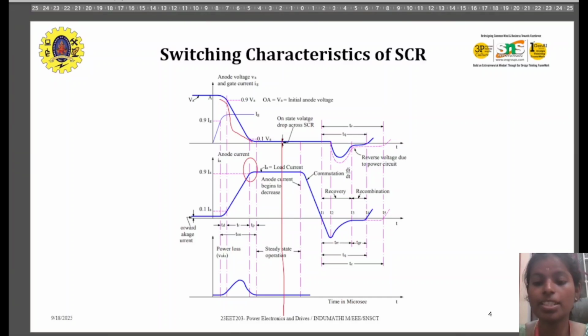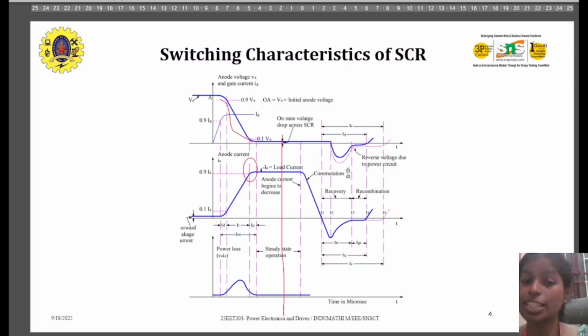So next comes the turn off. How the characteristics work here is, SCRs cannot be turned off by the gate, but there must be current commutation or other commutation techniques. When the anode current falls to zero, the device does not regain blocking immediately. Charge carriers stored in the junction just recombine.